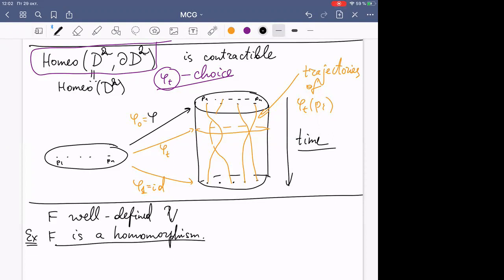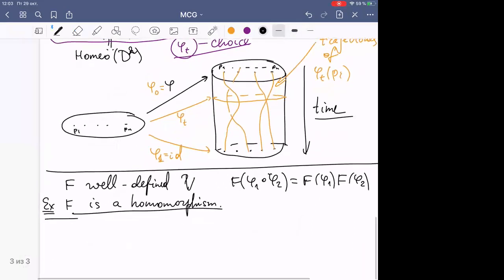My agreements were such that this is a homomorphism, not an anti-homomorphism. So if we apply two homeomorphisms, two mapping classes, then we get two braids in this particular direction. Okay, and then F is bijective.